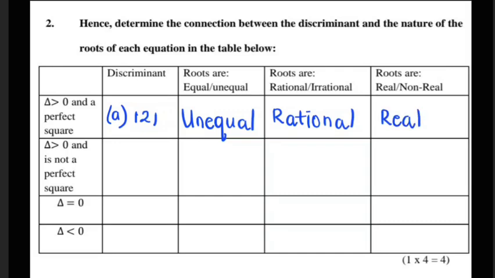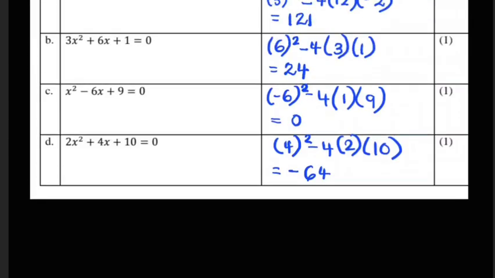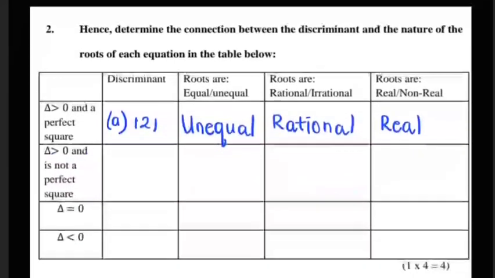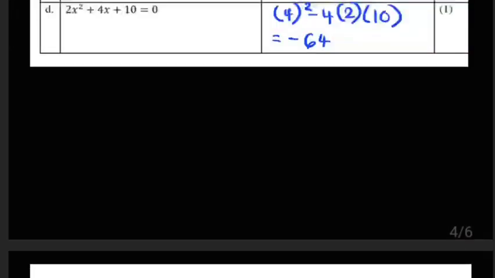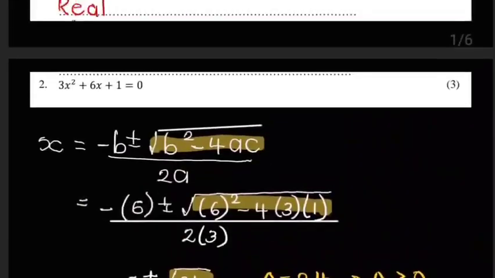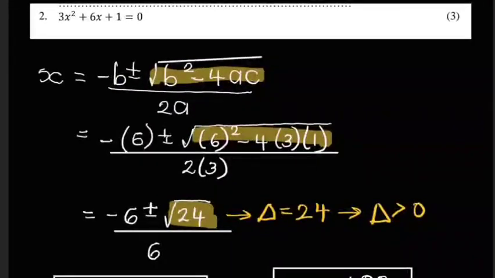They existed. Now we're looking for the discriminant that is not a perfect square. If we go up here, the value that's not a perfect square is 24. So that is B, where b was 24. And according to this, we can scroll all the way up to where we had the roots for B, which was equation 2.